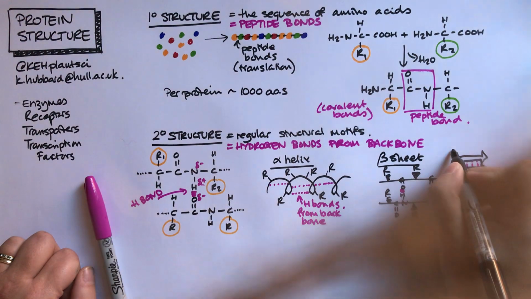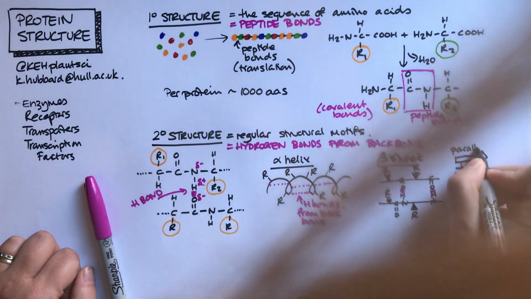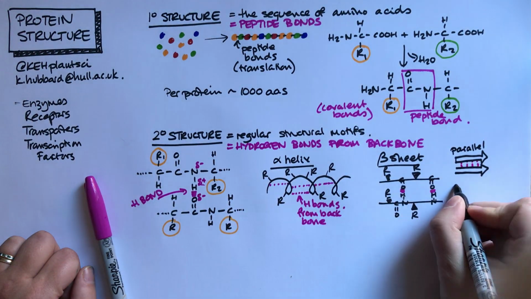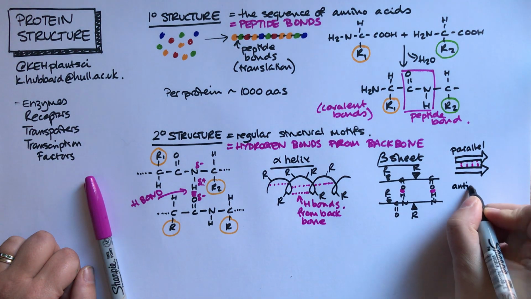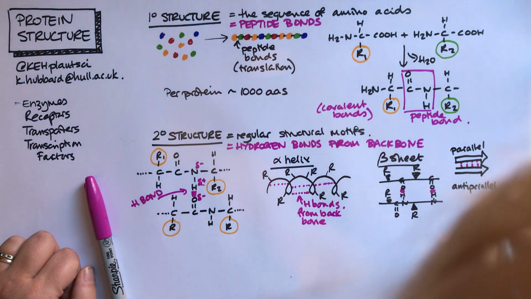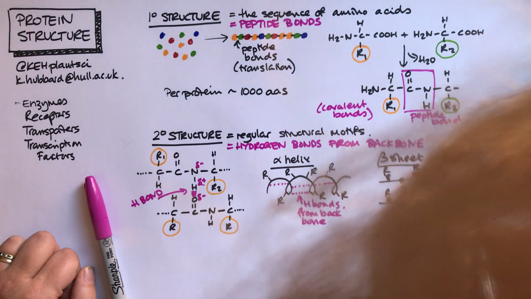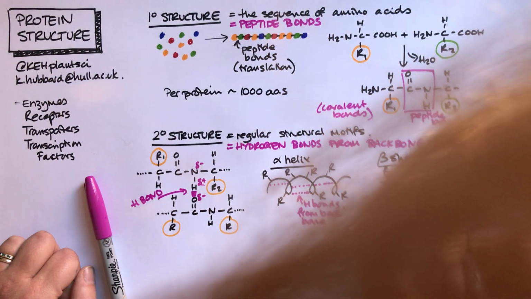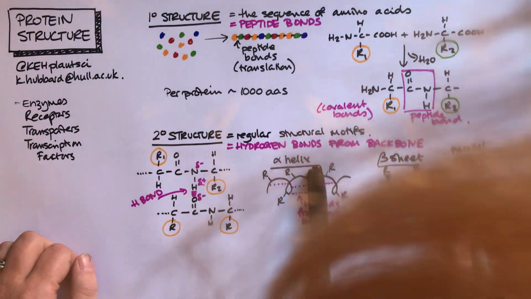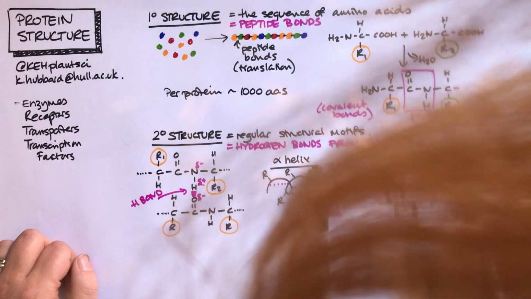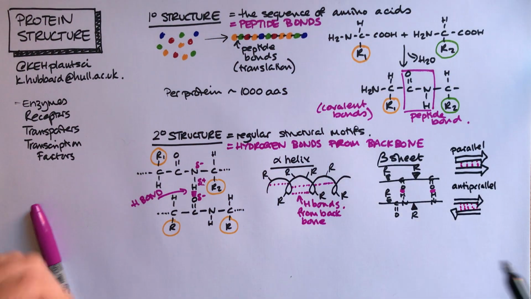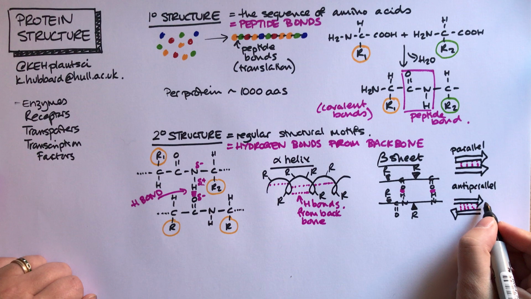That would be an example of a parallel beta sheet, or we could have an anti-parallel, which is actually more usual. Hydrogen bonds forming between there, like that. So in our antiparallel, we might actually have it be like that.